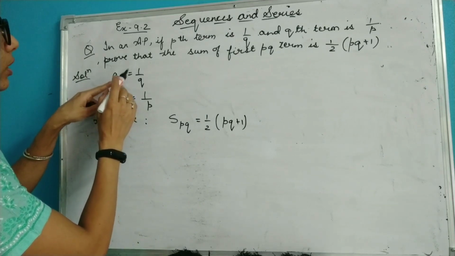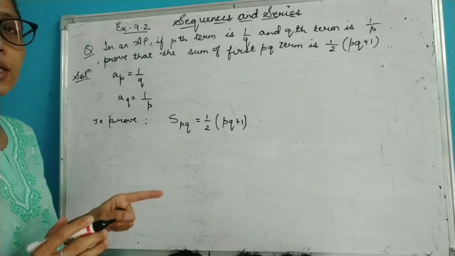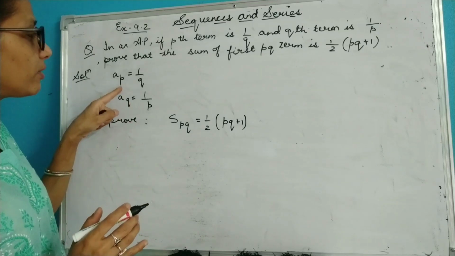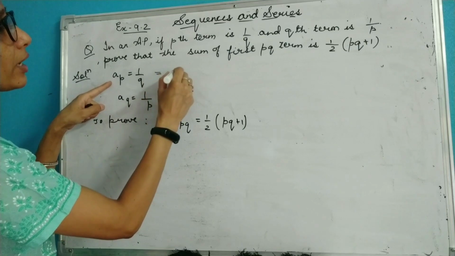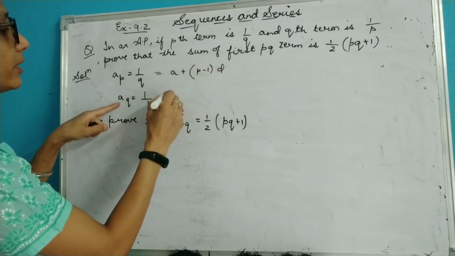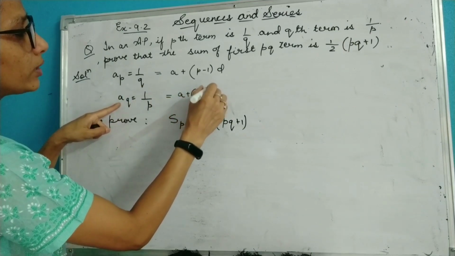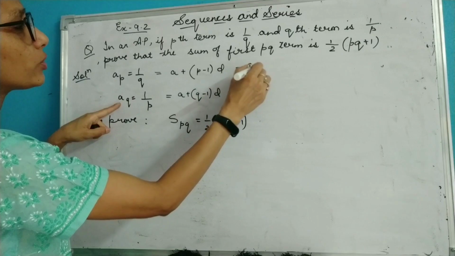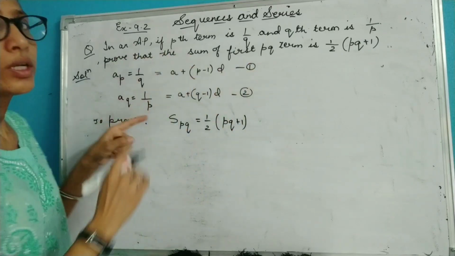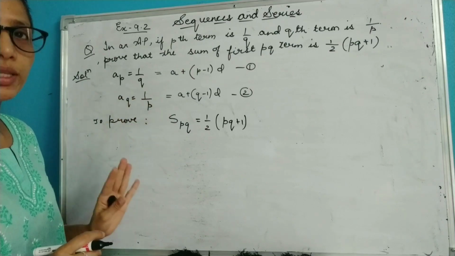Here I know nth term can be written as a plus n minus 1 into d. In place of n, here it is given p, so I will be writing it as a plus p minus 1 into d. And here I will be writing it as a plus q minus 1 into d. So this is my equation 1 and this is my equation 2. Now children, whatever is given to you, you have to solve that only.